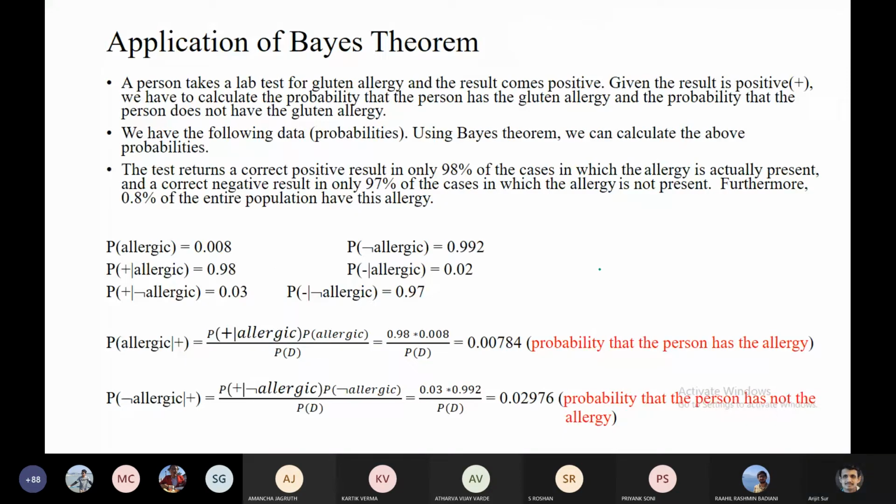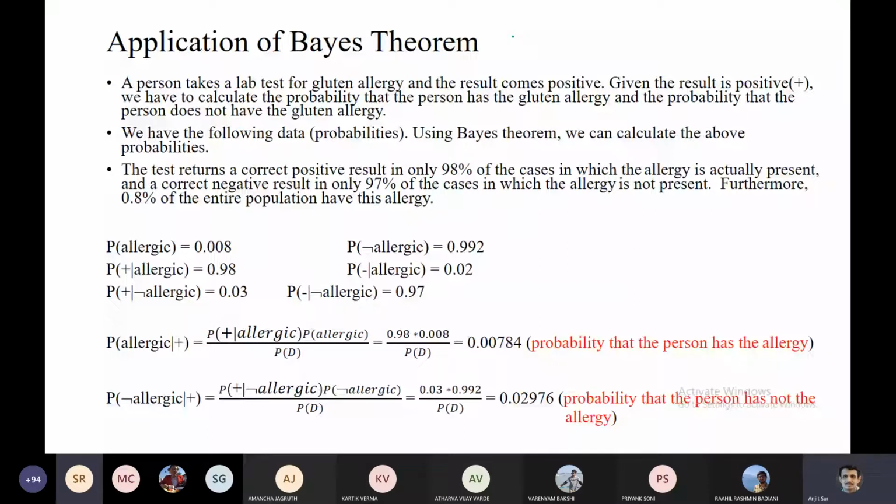Okay. Now, before going on, let's try to understand how this Bayes theorem can be used for a different application. Let's say we have a value-driven example.